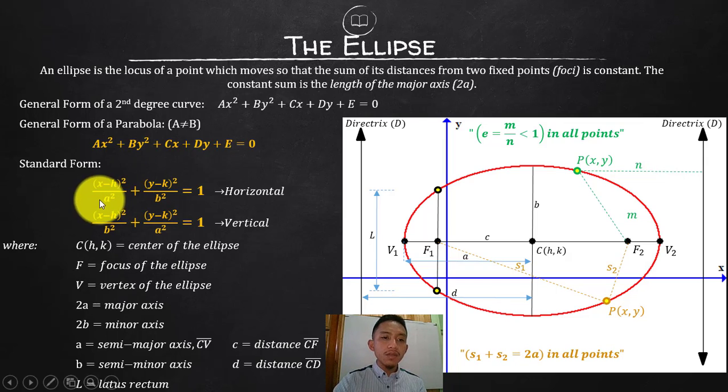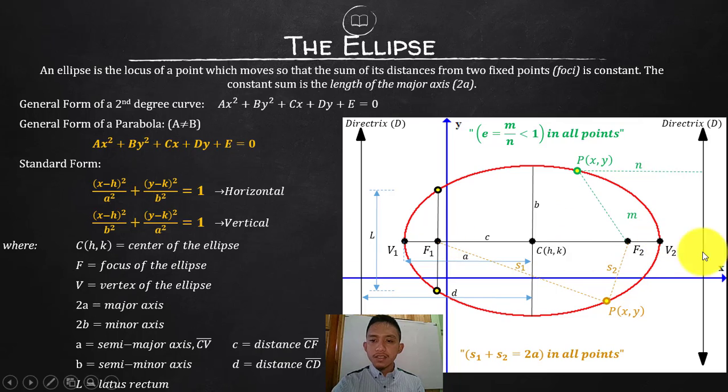Because A is always bigger than B, isn't it? Since that is major. So if your half of the major axis is below x, that means it is elongated parallel to x. It is elongated with respect to x. Okay?